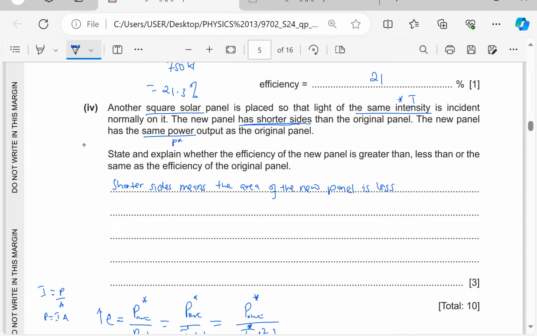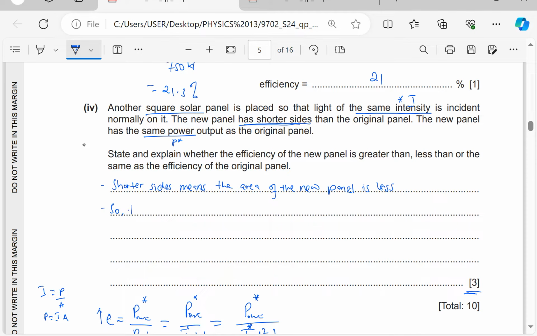That's number one. Many times when you're answering such questions, please look at the marks and ensure that what you have written can give you those marks. So shorter sides means the area of the new panel is less. So the input power of the new panel is less than the input power of the original panel.